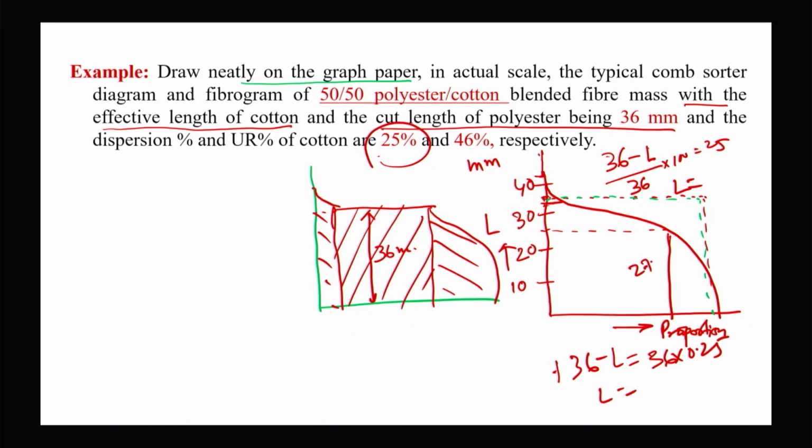This is 27 millimeter and this is 36 millimeter, so that we get the dispersion percent of 25%. First we have to draw the individual curve, then the combined curve. The individual curve is important, and this is the curve we are drawing.